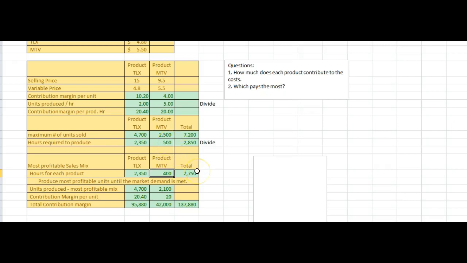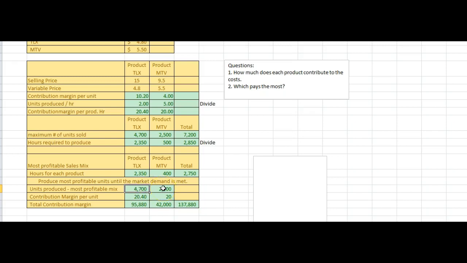So how many parts is that? 2,350 hours times the 2 comes up to 4,700. And 400 hours times 5 comes up to 2,100 pieces. So now we're making 4,700 of one and 2,100 of the other.